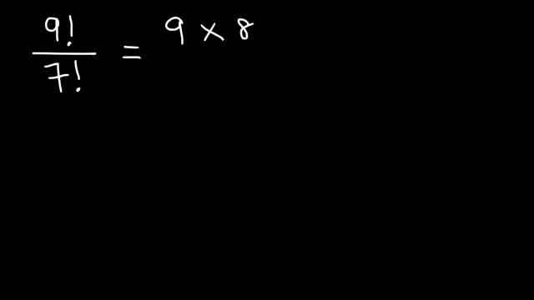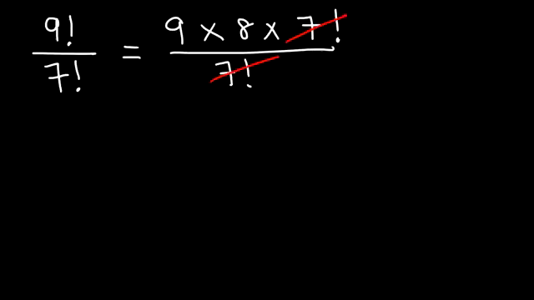Well, instead of writing 7 all the way to 1, 7 times 6 times 5 times 4 times 3 times 2 times 1, all of that is simply 7 factorial. And it's best to write it that way, because notice that we can cancel 7 factorial. And so if we do it that way, there's a lot less writing. And therefore, it's just 9 times 8, which is 72. So that's 9 factorial divided by 7 factorial.